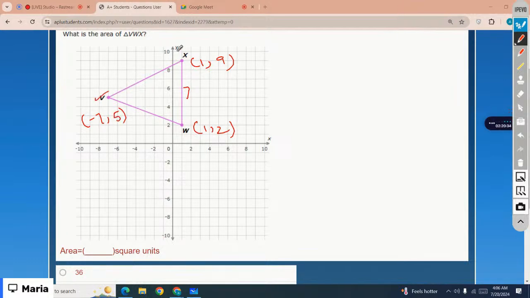I'm going to use V and X using the distance formula. x2 minus x1 and plus y2 minus y1.